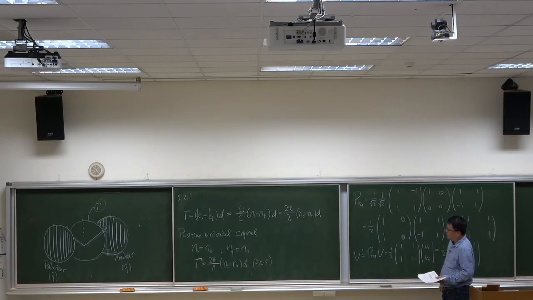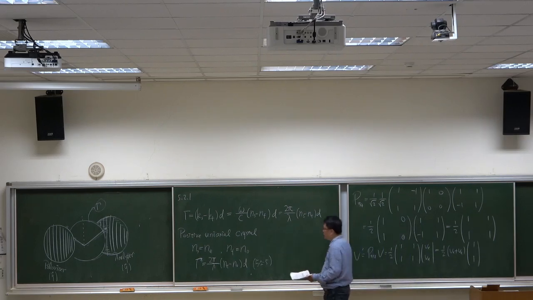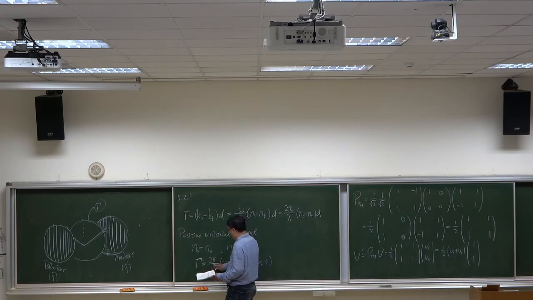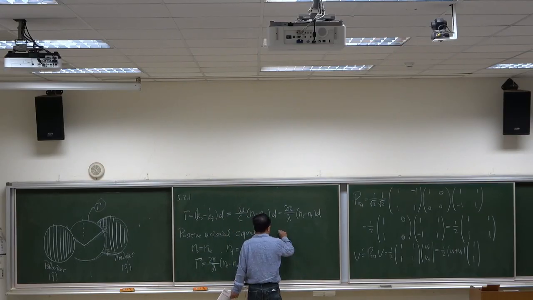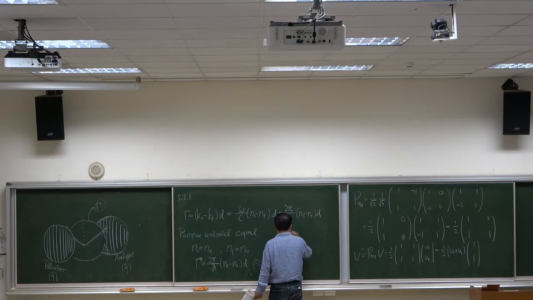好，那我们基本上是改变入射的波长，就会改变这个 gamma. Here lambda is the wavelength in vacuum.